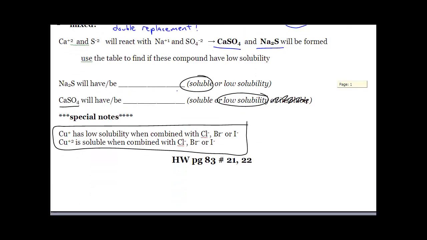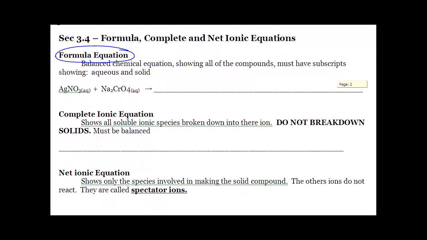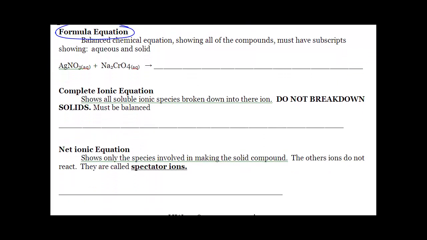So what do we do with all this? Well, we write things out showing if they're going to form a solid or not. This will just take 2 minutes and we'll be done. We started this in chapter 1 to give you a quick intro into it. Here it is again. Here are our two formulas. We are going to double replace them and we're going to write out the formula equation. It's going to be fully balanced and it's going to have all the formulas and all of the states.